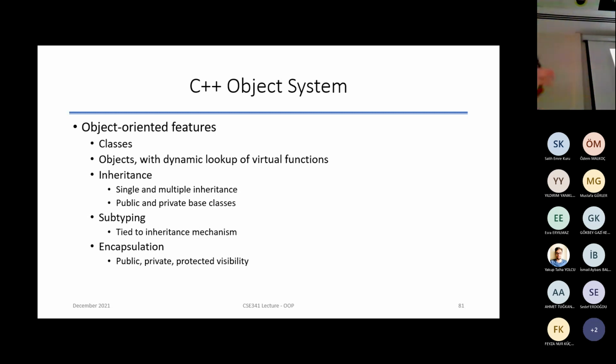Therefore, the perspective here is that we are going to put a lot of emphasis on inheritance, because again, C++ concerns itself more with how you build classes and how you interact with other classes than with how you build objects and interact with objects. And objects have some sort of dynamic lookup capability for some functions, not all functions, but virtual functions.